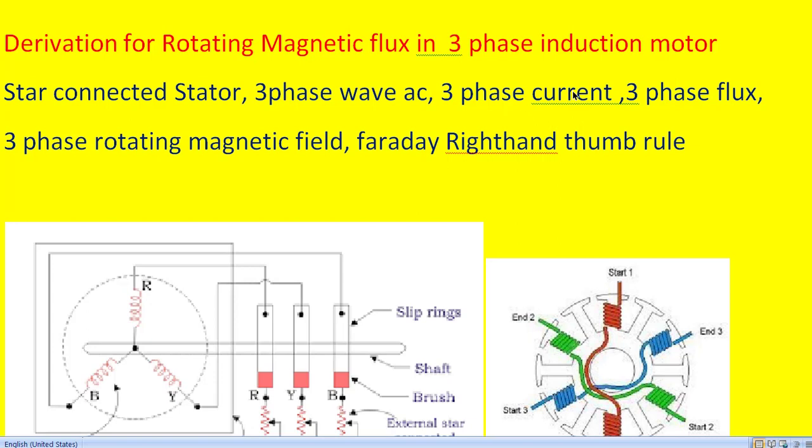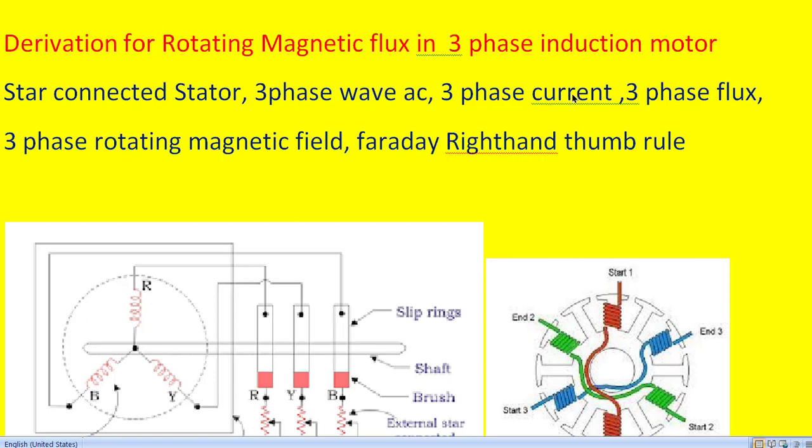And then using that current waveform, we have seen how the current value changes at different angles in three phases. And then we have seen how the flux is produced by these three phase currents. And also we have seen that at any instant we have to find out what is the resultant flux, and we have seen what is the maximum flux.